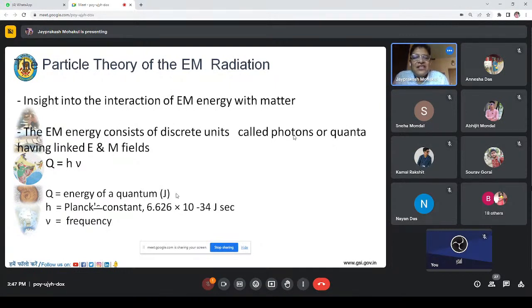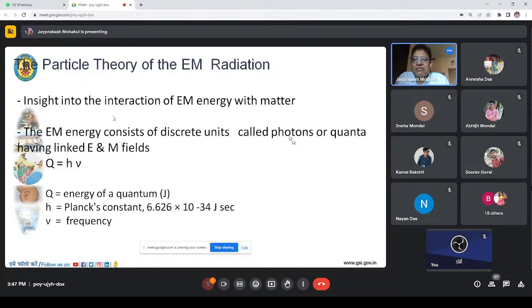The energy of a quantum or quanta is expressed in joule.